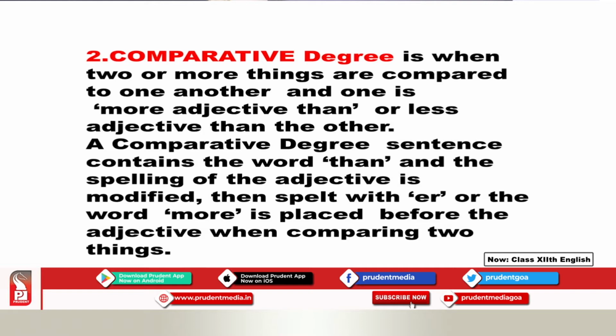Please note the correct pronunciation, than. Spelling T-H-A-N. And the spelling of the adjective is modified, then spelt with ER, or the word more is placed before the adjective when comparing two things or two persons or two places, two nouns.